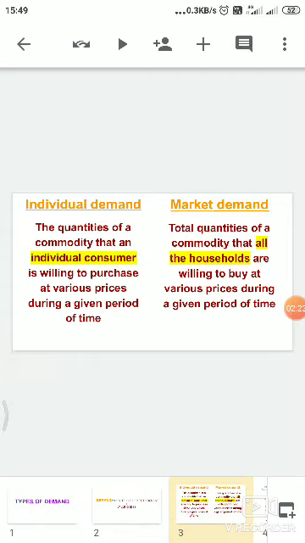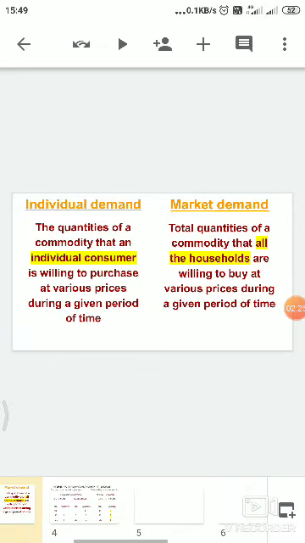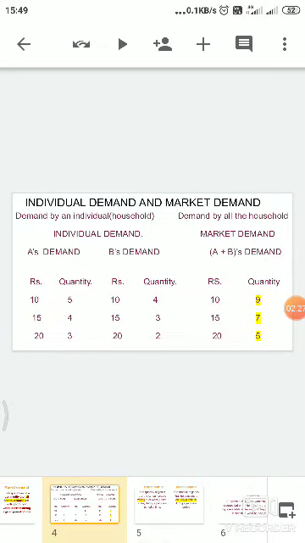Now let us understand this with the help of an example. You can see here, there's a person A. He demands different quantities at different prices. When the price is rupees 10, he demands 5 units of a commodity.